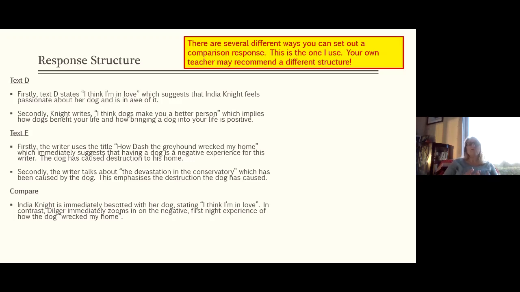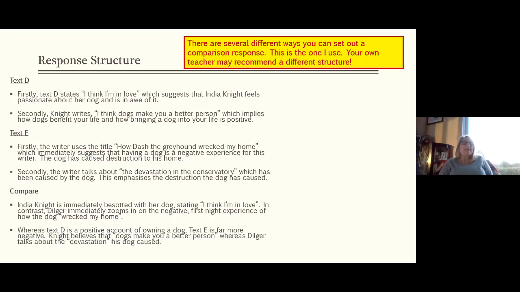So he seems to focus on this immediate, knee-jerk reaction of the first night that the dog spent at home and how negative it was, whereas Indian Night seems to talk about the longer term. She talks about how she takes it for walks and it shows her affection, it seems to love everything, but he seems to go no further than this first night.